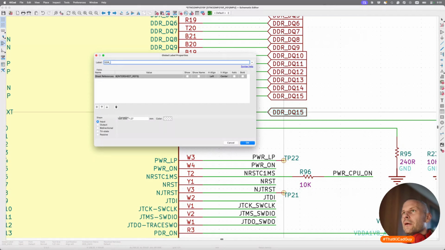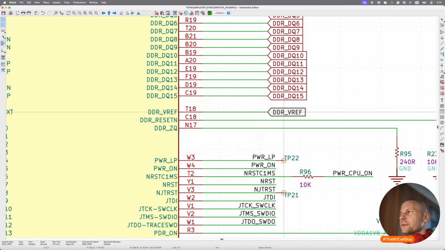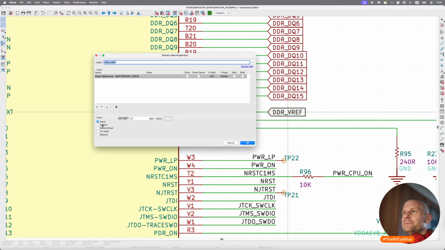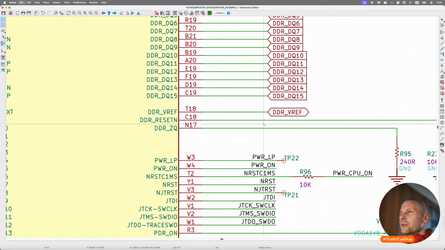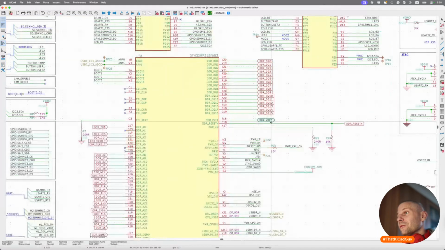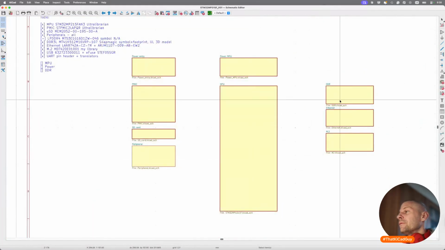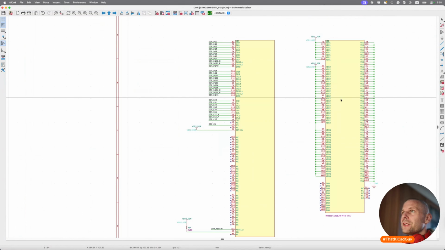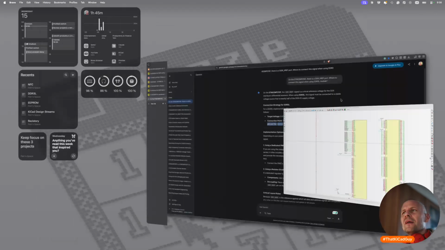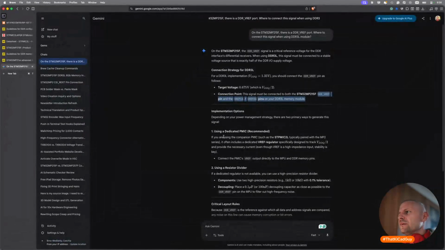So DDR VREF, which is most likely output, but I'm not sure, maybe bidirectional. I don't know. If the source is, no, I don't understand the PMIC node here. If it often includes a VREF generator.